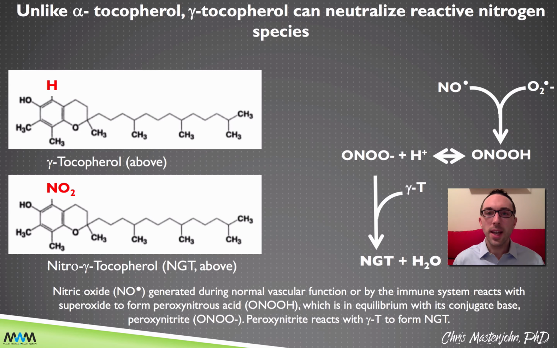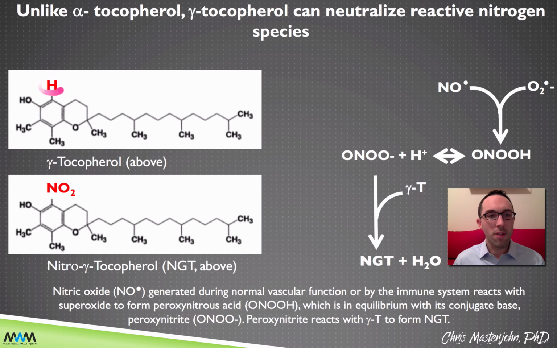However, you could make a case that gamma-tocopherol may have unique roles that alpha-tocopherol doesn't have. When we look at superoxide, one of the things that it can do is react with nitric oxide to form peroxynitrite. And peroxynitrite is a very dangerous reactive nitrogen species.